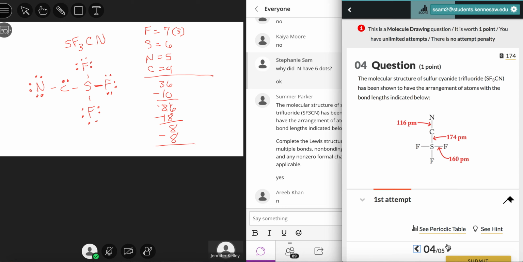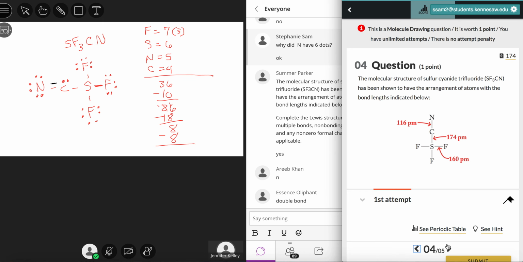So nitrogen is going to donate 2 electrons here and give you a double bond there. So now carbon has an octet. Nitrogen has its octet. Everything has an octet. So at this point, we're good.